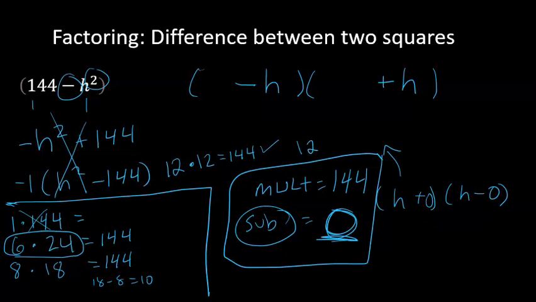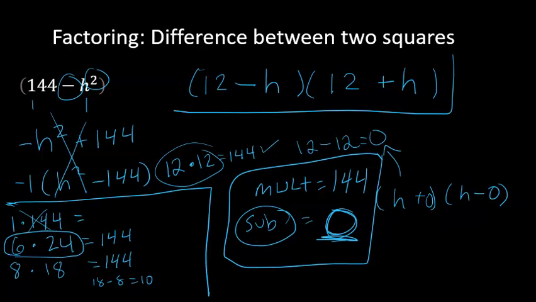So if I did 12 minus 12, which is what we're using, it gives me 0. So it looks like I can use 12. That's the number I could use. 12 and 12. Great, I'm done.